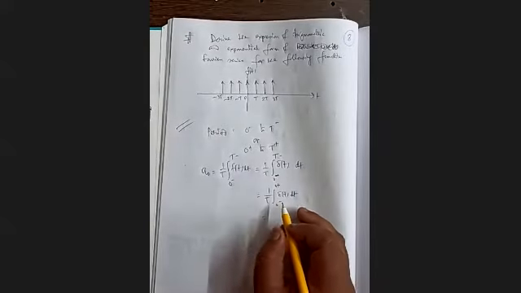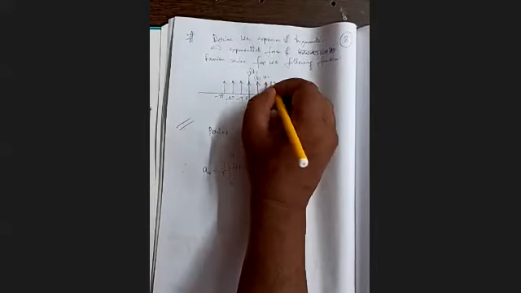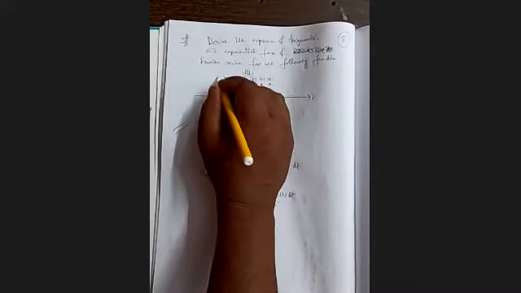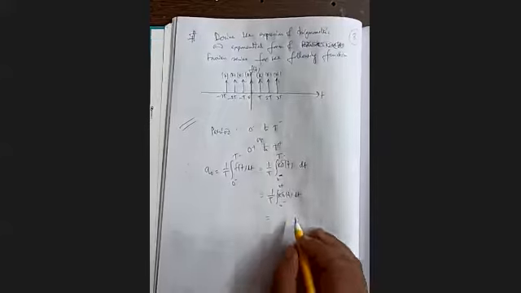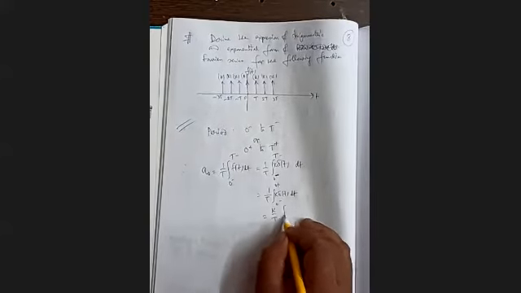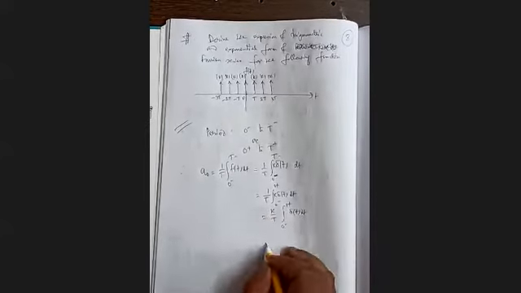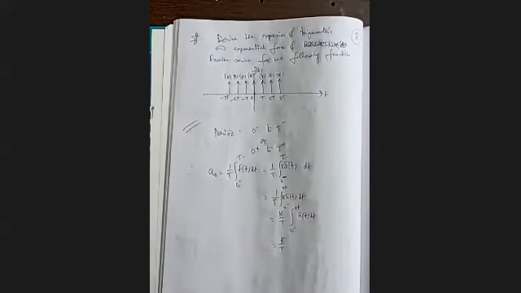Actually, there is a k always; in the problem, a k is given, I forgot to mention. So it is k by T integration of delta t dt, which is 1. So a0 is k by T.